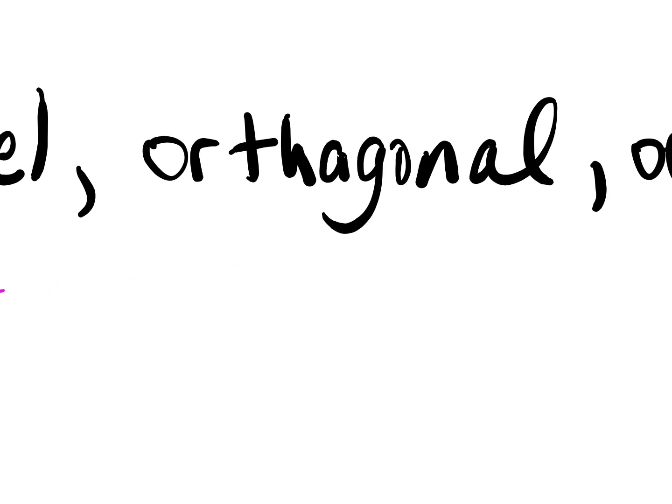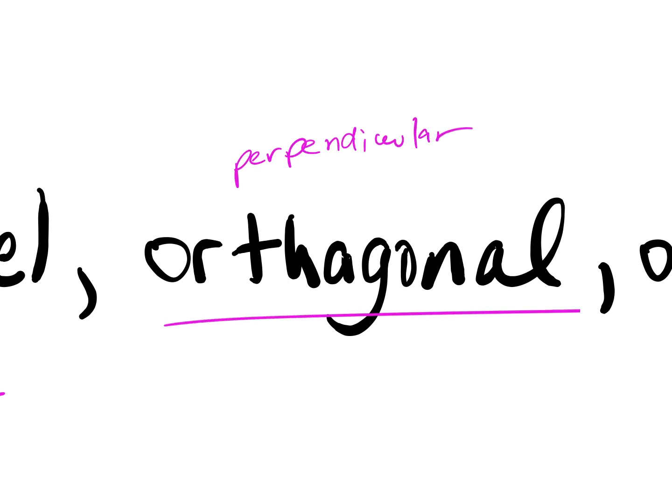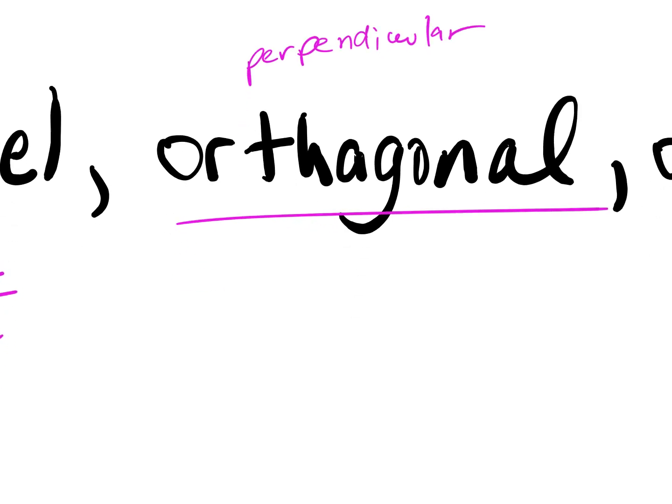How do you prove if they're orthogonal? First of all, what does orthogonal mean again? It means they meet at 90 degrees, so it's perpendicular. But we're not going to use the word perpendicular. We're using orthogonal. How do you prove that vectors are orthogonal? The dot product equals what?